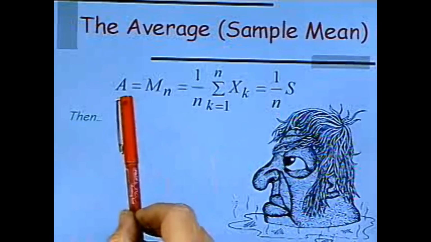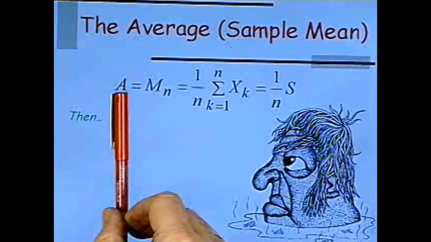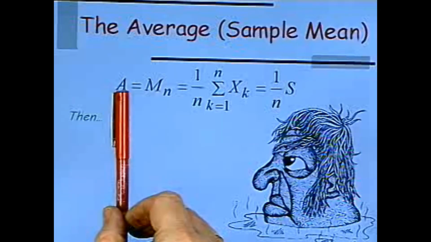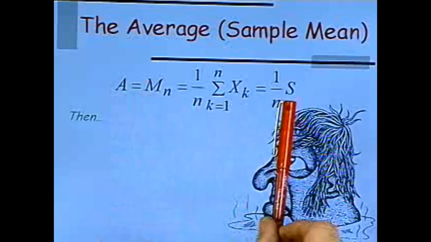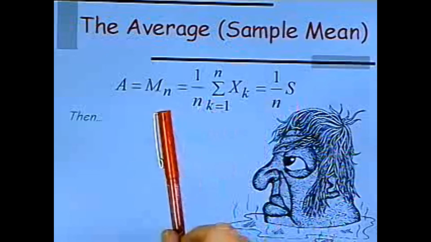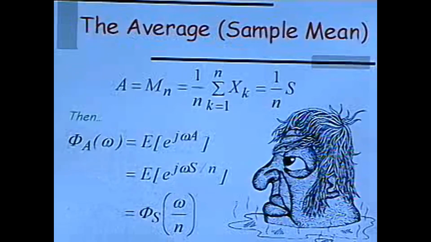Now, the average, hopefully, is an estimate of the underlying mean of the random variable. In other words, you would hope that the average would be a good estimate of the actual mean of the underlying random variable. Let's look at this.